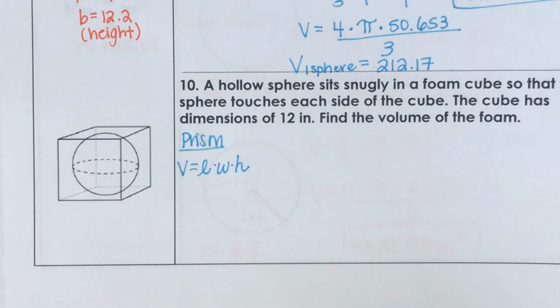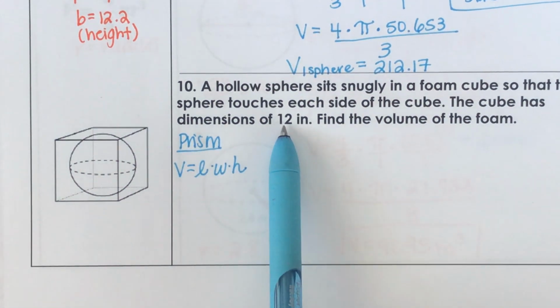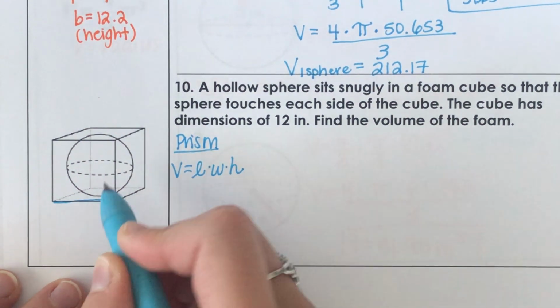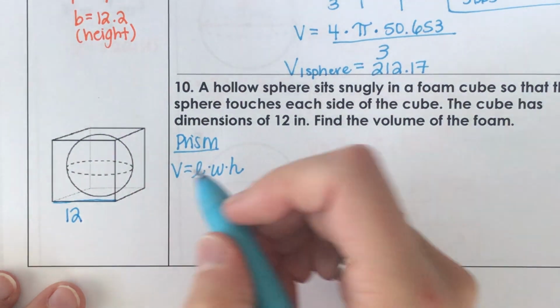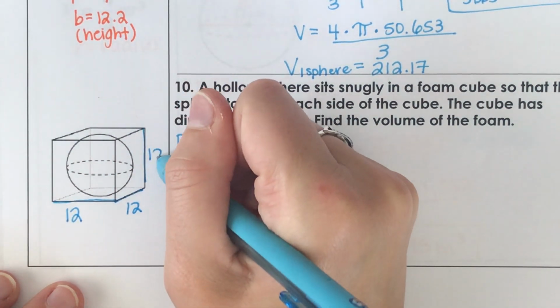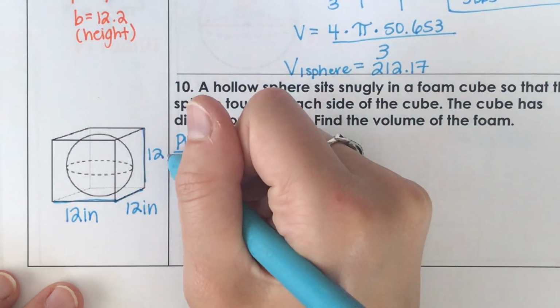Now, I'm only giving one number here. I'm told that the cube has dimensions of 12 inches. Well, if it's a cube, that means all of the sides are exactly the same. So if this length is 12, that means this one is 12, this one is 12, and so on and so forth. Every single one of those is 12 inches.